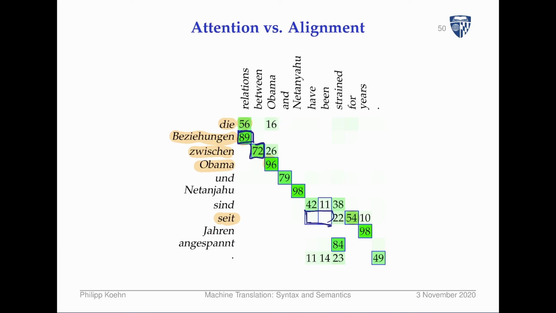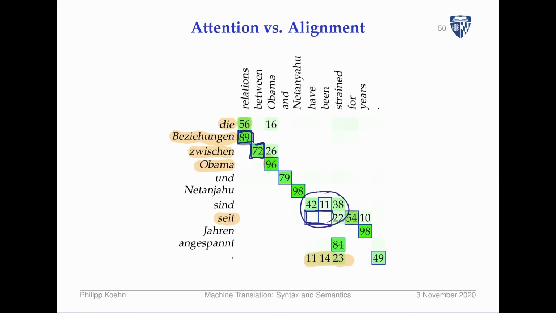And in the areas where it doesn't match up very well, it's also a bit ambiguous what the alignment should be. For example, "have been strained" doesn't have a clear equivalent in the translation. One odd thing worth pointing out is that with the attention mechanism at the end of a sentence, it just goes haywire and assigns attention weight all over the place.